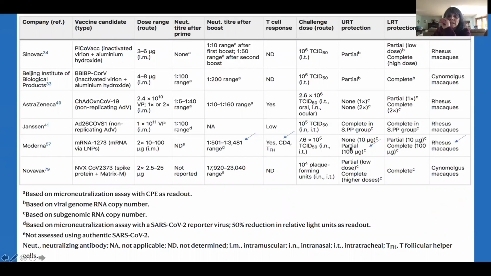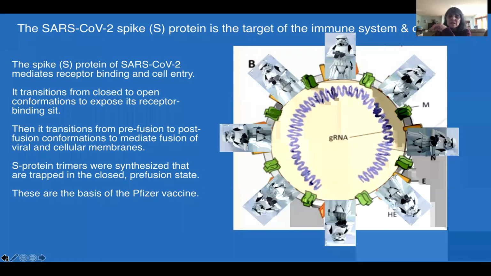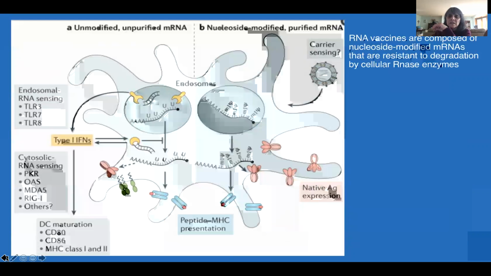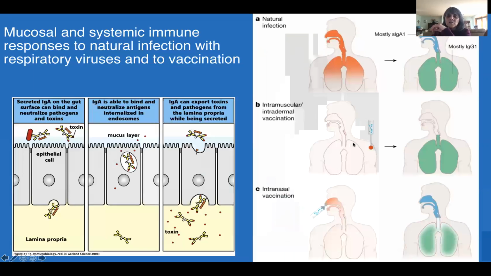Interestingly and disappointingly, in the rhesus macaques, they did not see protection in the upper respiratory tract. URT stands for upper respiratory tract, LRT stands for lower respiratory tract. So in other words, they weren't finding antibodies up there. That's not surprising, because remember, I told you that if you do an intramuscular injection, you have the antibodies mainly down here in the lung, and they're IgG antibodies.